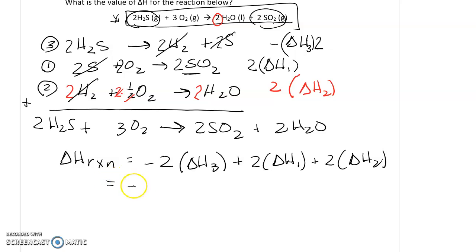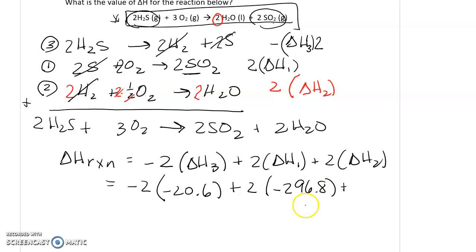So we get equals minus 2 times, and delta H is a minus 20.6 kilojoules, plus 2 times our delta H1, which our delta H1 is minus 296.8, plus our 2 times delta H2, which is minus 285.8.